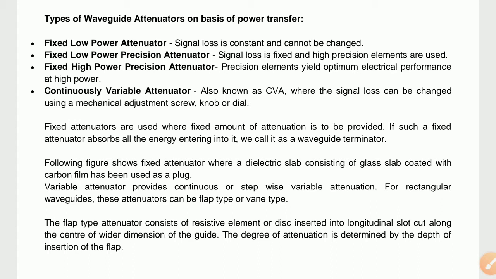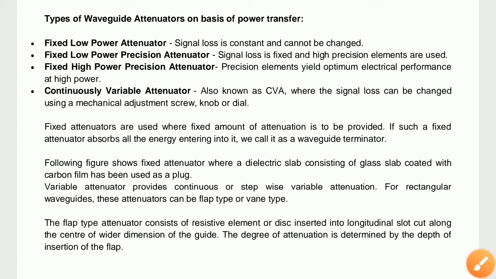Next, the second one is the fixed low power precision attenuator. The signal loss is fixed and high precision elements are used. Its name indicates it provides a fixed reduction in power, and its value cannot be changed.